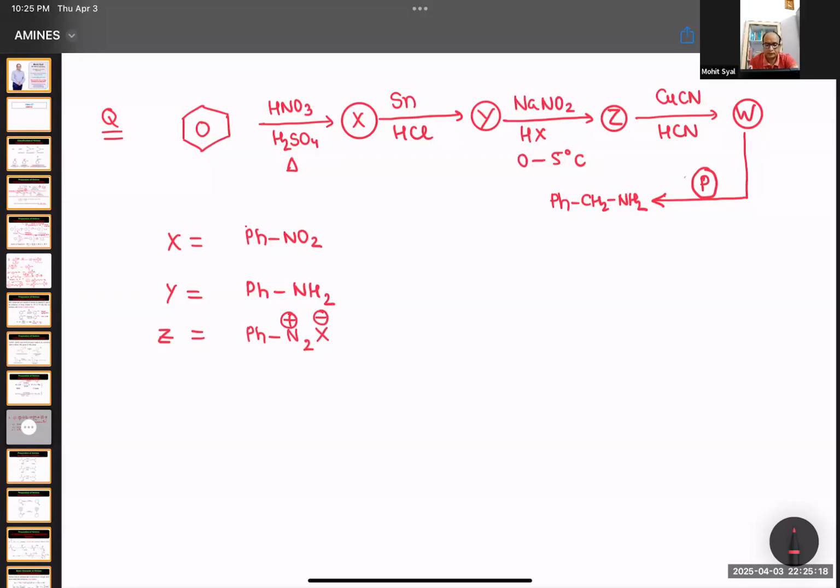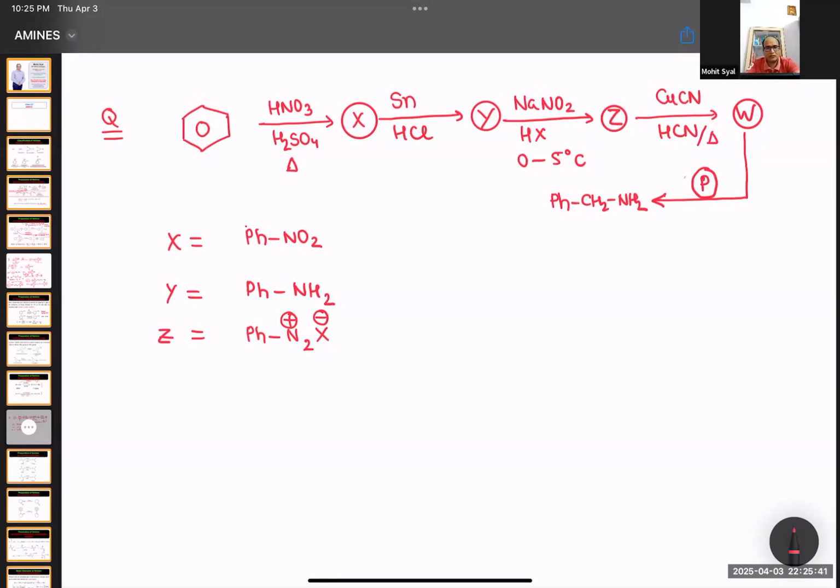Got it? This diazonium is very reactive. It will react and we can't stop it. But which group is going to come in place of N2?